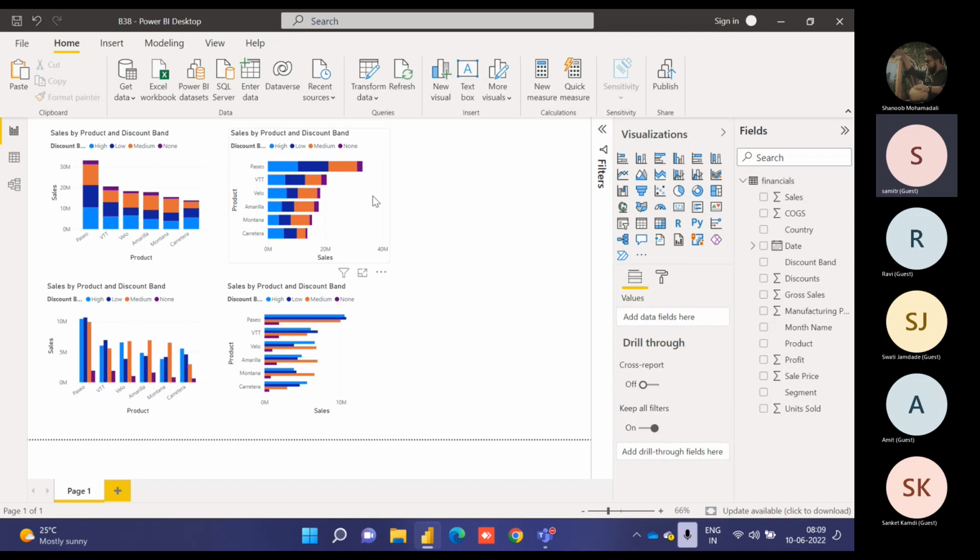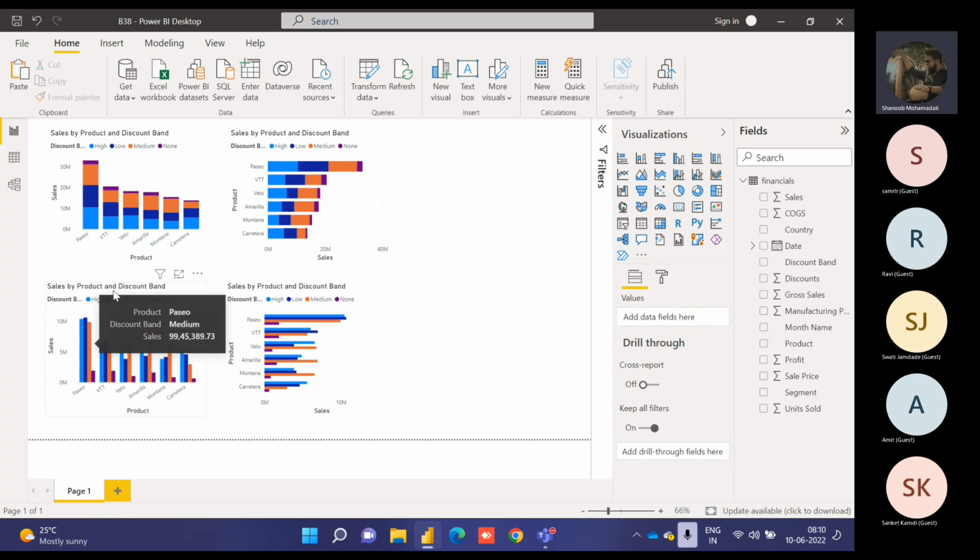Because of that is a cluster and beside one column is another column, so 10 million plus 10 million like that, and there is the range of 30 million in one bar chart. Correct. So here what is happening is each of the categories is adding up. Here it is not getting added up, right? So that's the reason you will see the difference between the axis range.